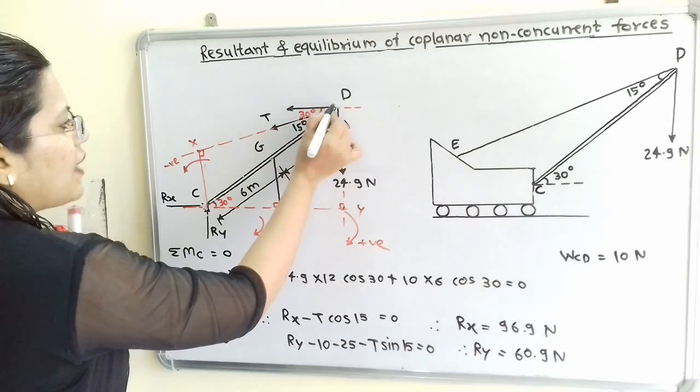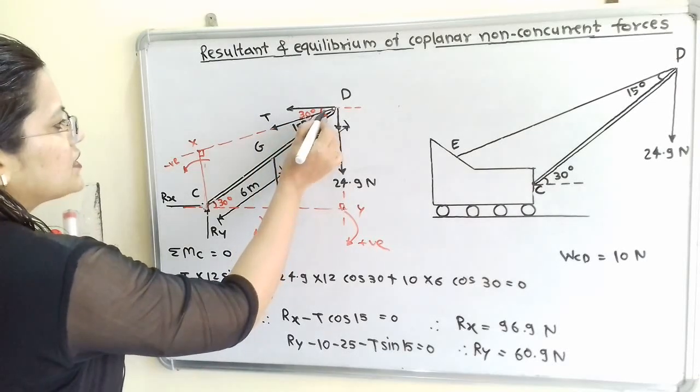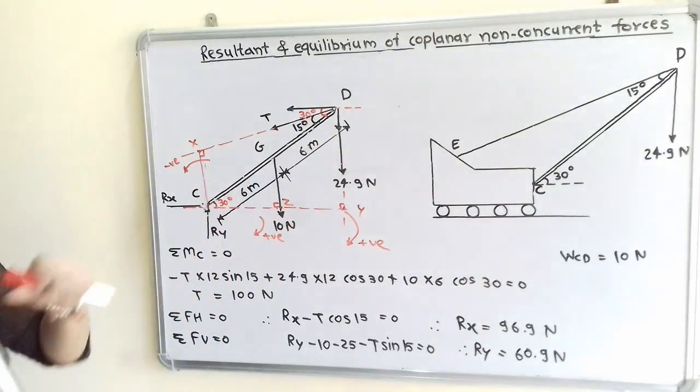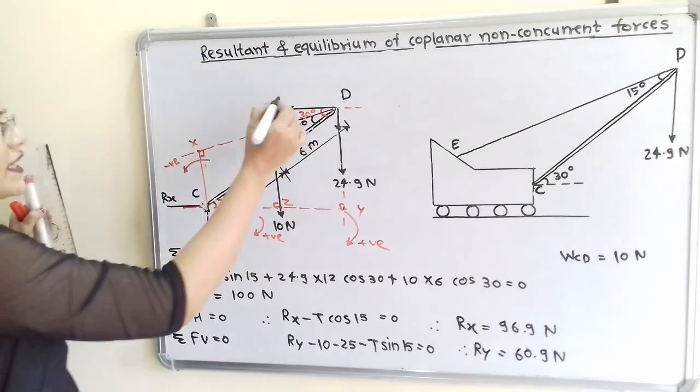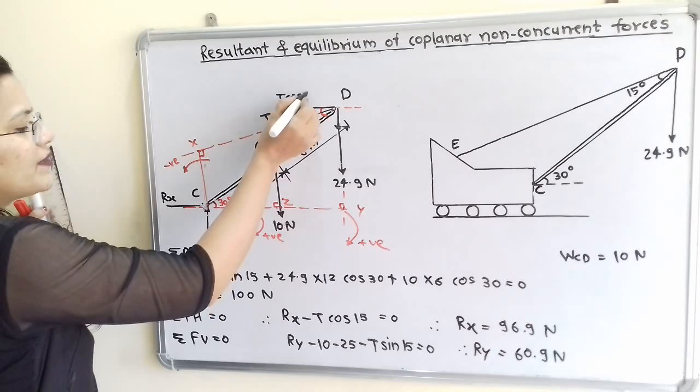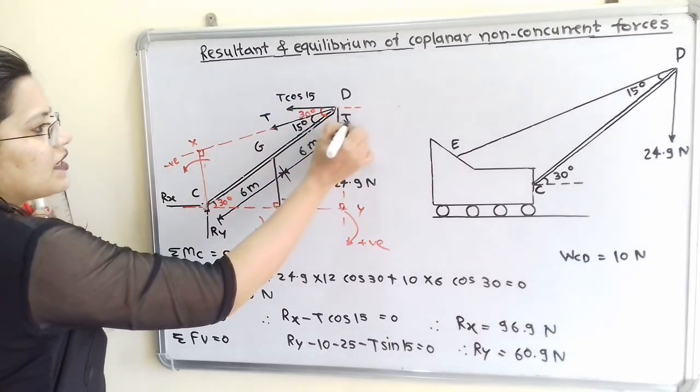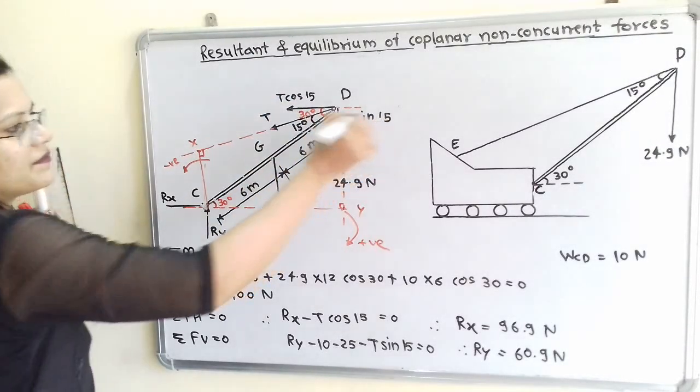For the horizontal component, if we observe from this T, the angle is 15 degrees, so here 30 minus 15, that is 15. So we can say it is T cos of 15, and for the vertical component T sine of 15.